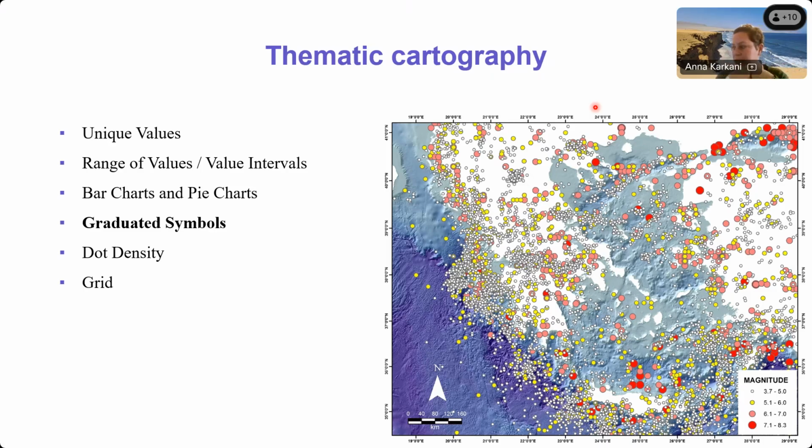This is a very characteristic example. You can see here a thematic map based on graduated symbols for the area of Greece, and you can see that we have different sizes per group as the magnitude of the earthquake is getting higher and higher. Okay, this type of methodology, of course, can only be applied when we have numerical fields, and we can have either points, lines, or areas.